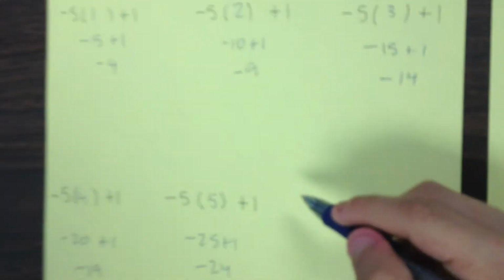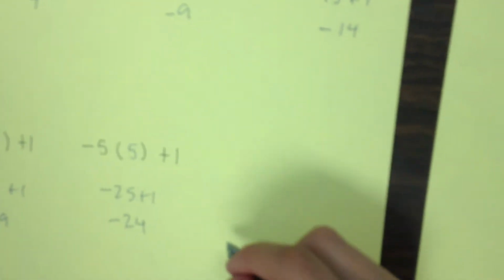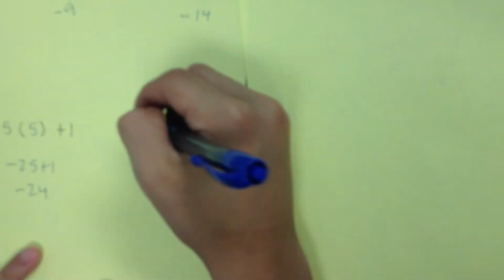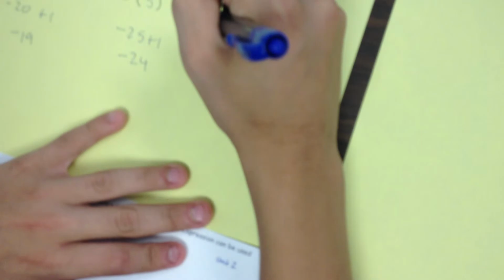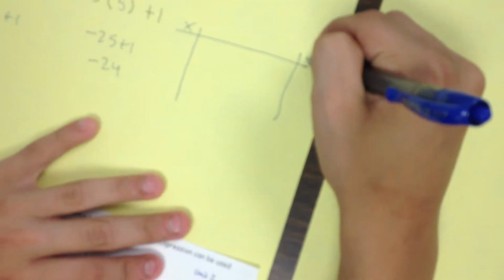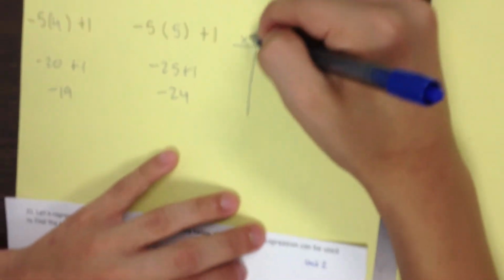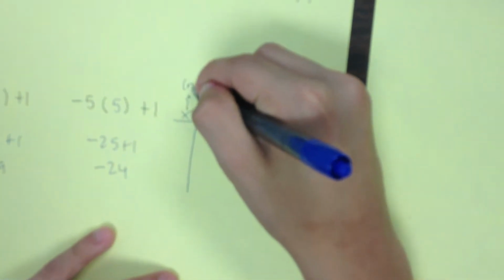Now another method you could use is the table method, as shown in the other one, but this one has a different layout. For this table, you have an x column, or y column. Or x can also be n.